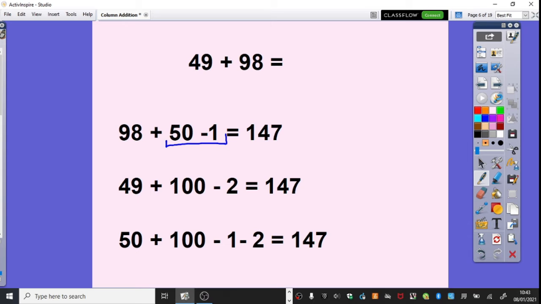And finally, doing both, rounding both up and minusing all together 2 from the 98 and 1 from the 49 to give us 147. So lots of different ways that we can play around with these numbers and maybe more efficient ways rather than always just resorting back to our column method.